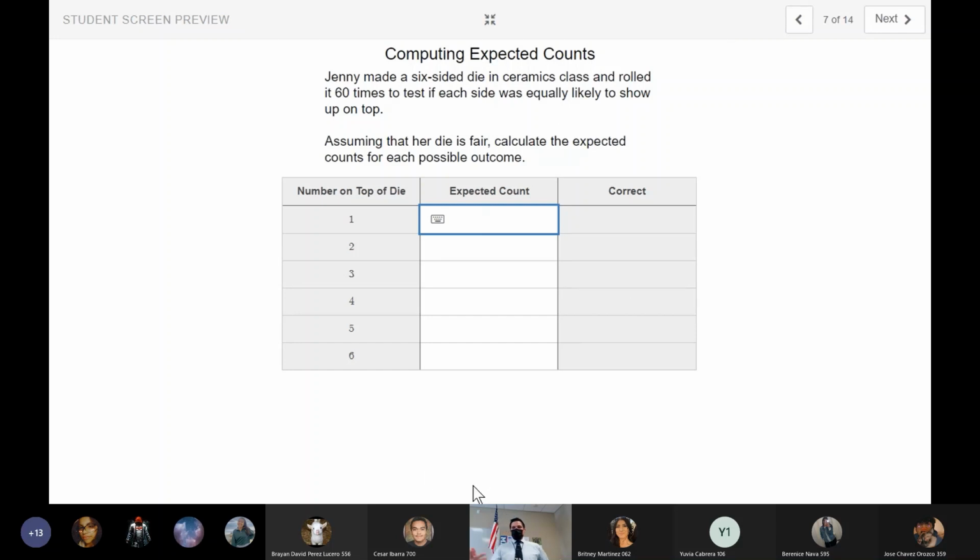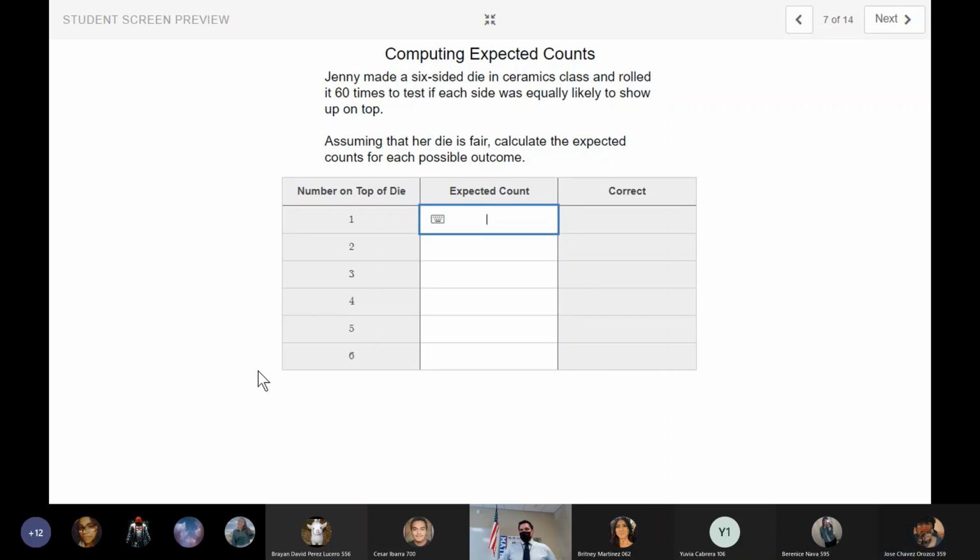Okay, so Jose, you've got 1/6 times 60. How did you know to use 1/6? It's the probability of one side of getting one, or like 2 or 3 or 5 or 6.